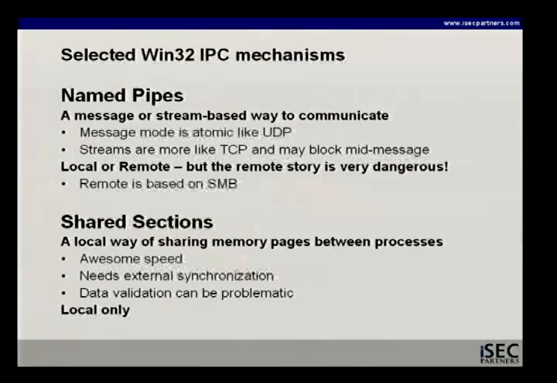Another thing essential to understanding their nature is that they're local only. You don't have shared sections across a network. There are systems that do shared memory across a network, but it's inefficient relative to a local host.